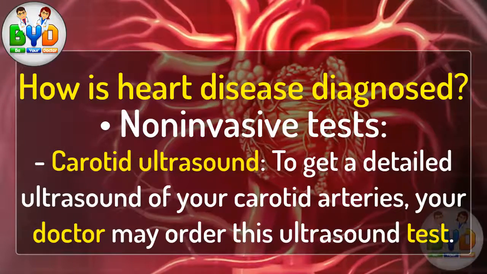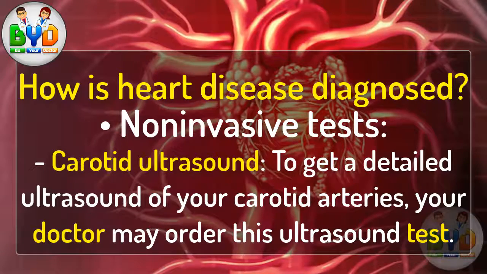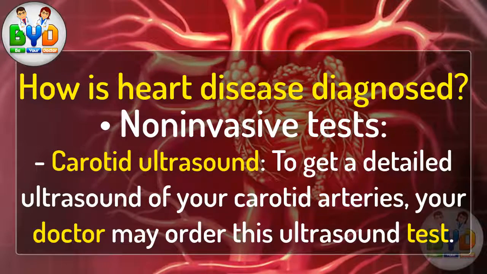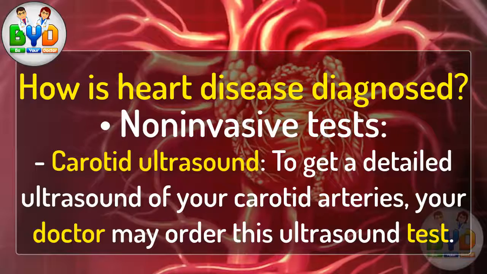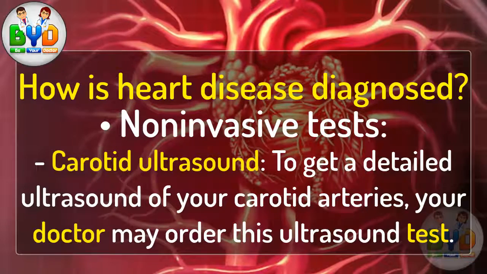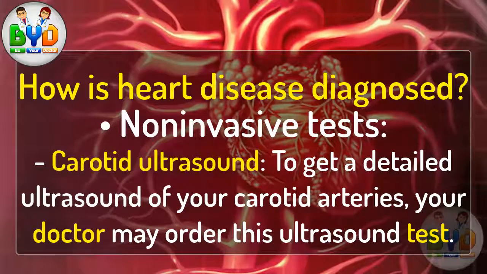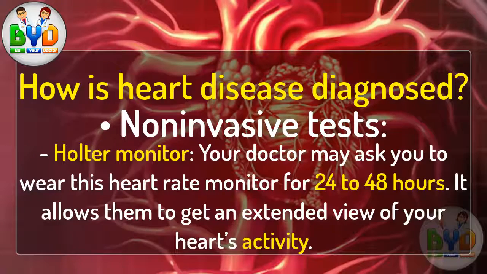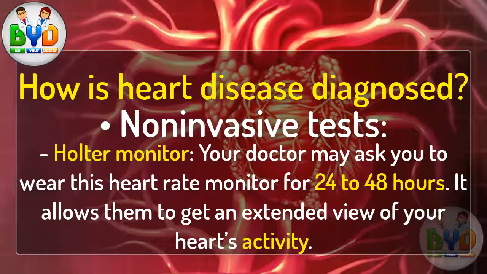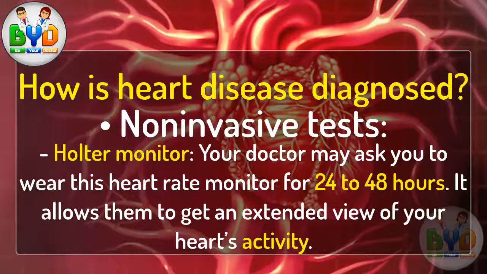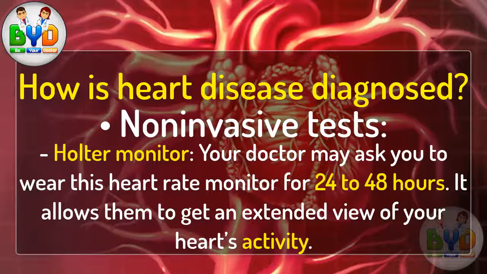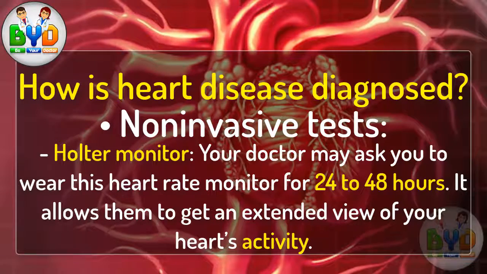Carotid ultrasound. To get a detailed ultrasound of your carotid arteries, your doctor may order this ultrasound test. Holter monitor. Your doctor may ask you to wear this heart rate monitor for 24 to 48 hours.